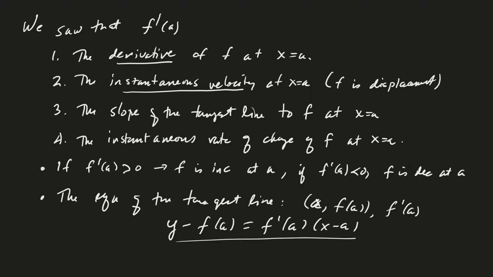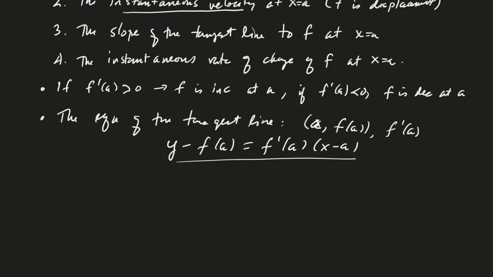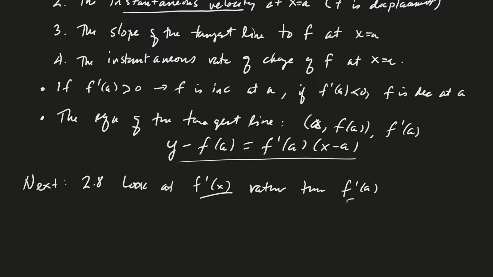All right, so in this new section, we're not really doing anything, we're not making any big changes except philosophically. So next, in 2.8, we look at f prime of x rather than f prime of a. So this was a number, right? And it had lots of interpretations that we just talked about.